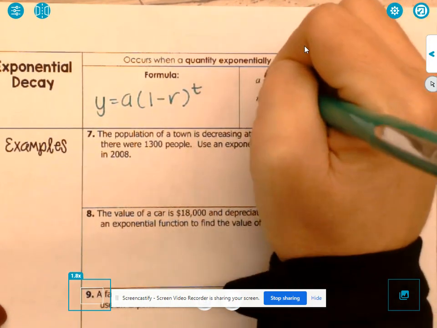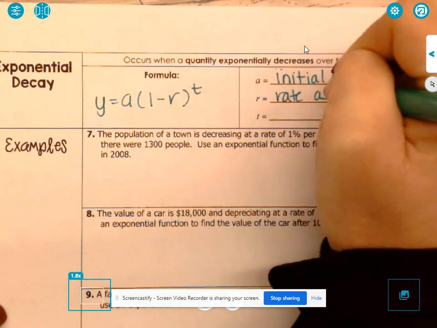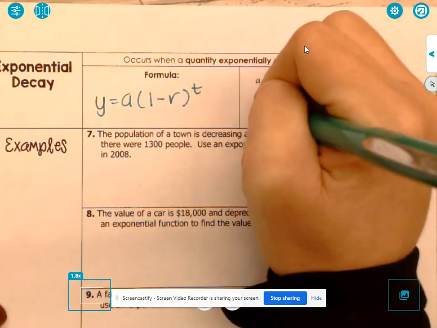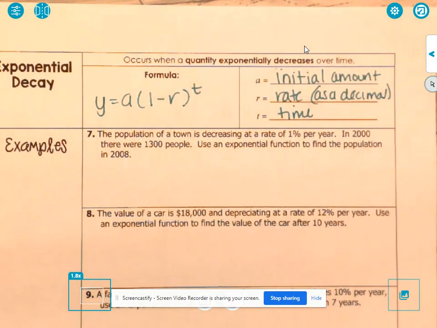It's still the initial amount. This is still our rate as a decimal. And this is still our time. Okay. So again, just look at your context, look at your vocab to kind of decide which one you're going to use. There will be keywords in there definitely to tell you.